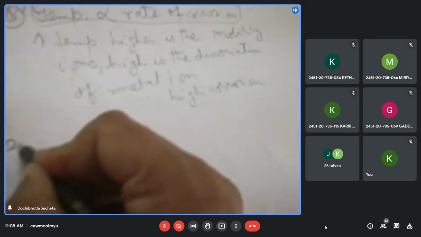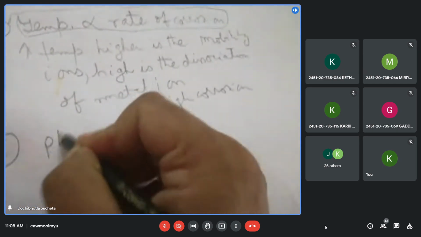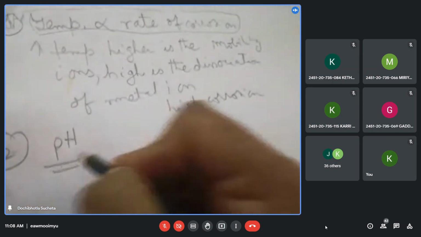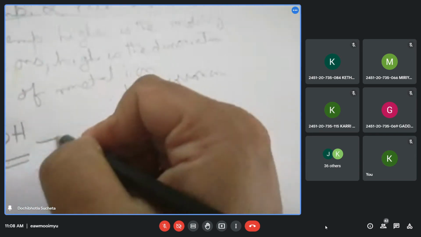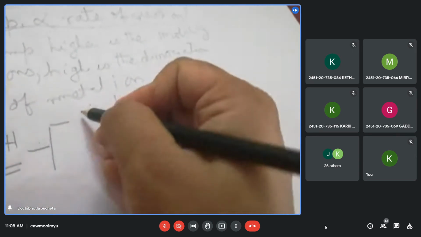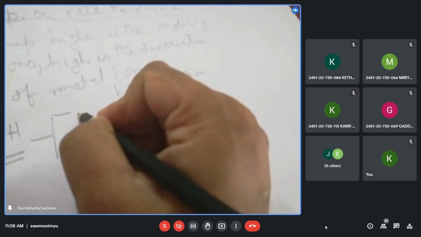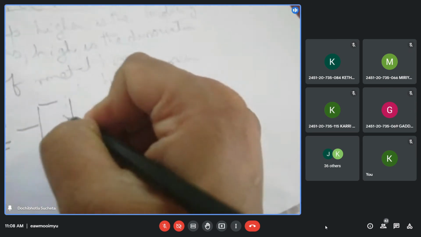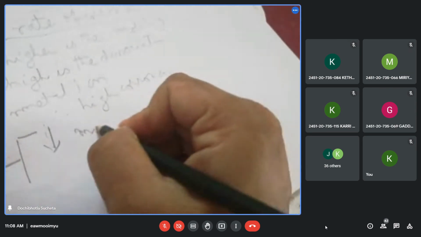Next, what is the second one? pH. What is the conclusion in pH? Most of the metals suffer corrosion in acidic medium. Therefore, if pH is low, more corrosion.